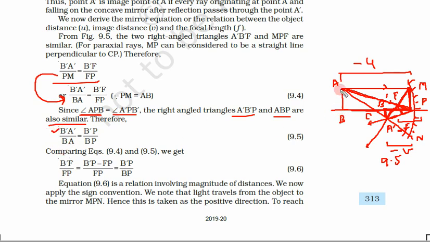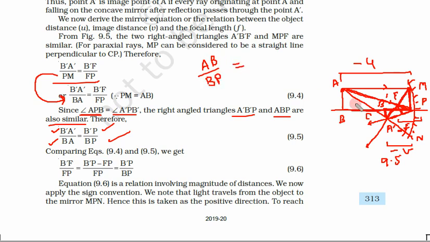B'A' divided by BA or AB must be equal to B'P divided by the total distance BP. How can we get this? Again, property of tan theta. Tan theta is nothing but AB upon BP.